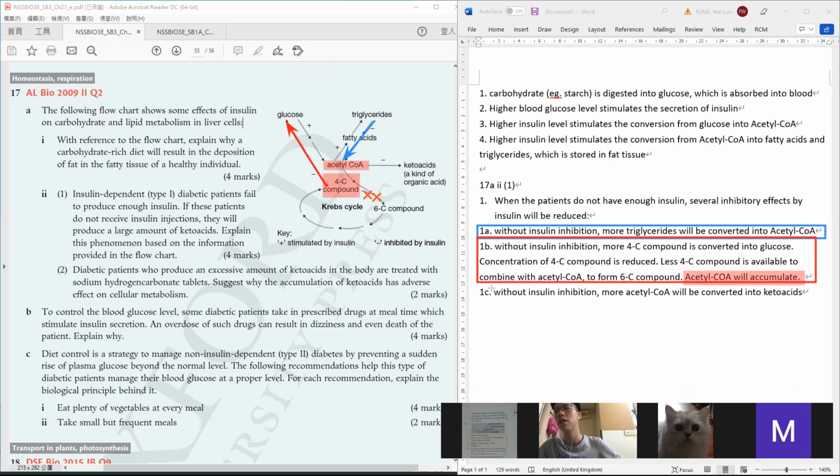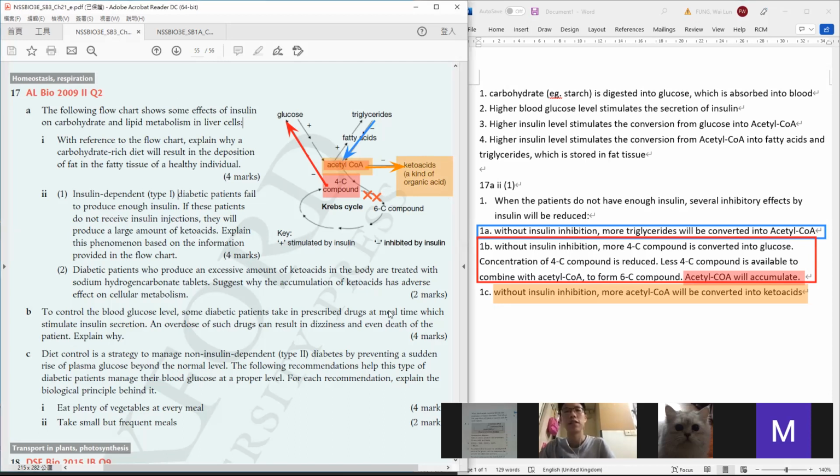Without insulin inhibition, more acetyl-CoA will be converted into keto acid. So eventually, more acetyl-CoA, more keto acid. It's better if you can reply to me verbally.